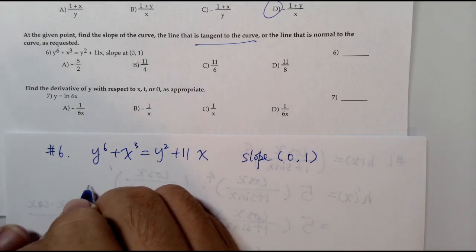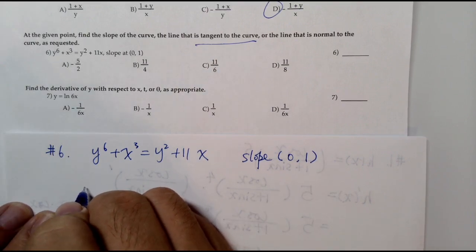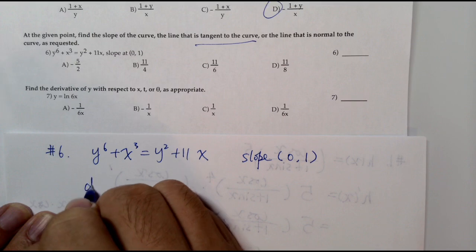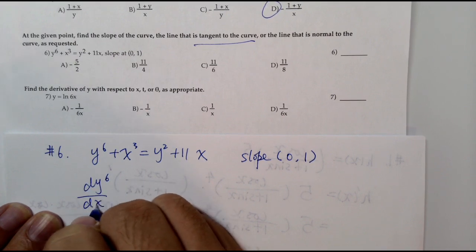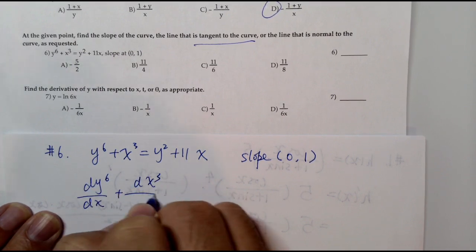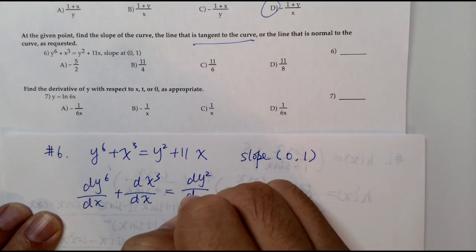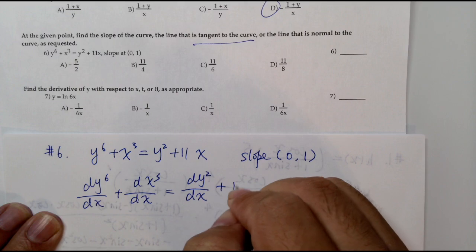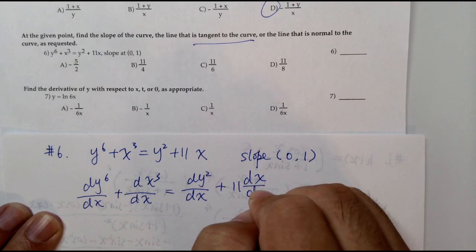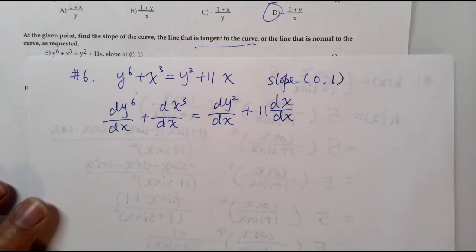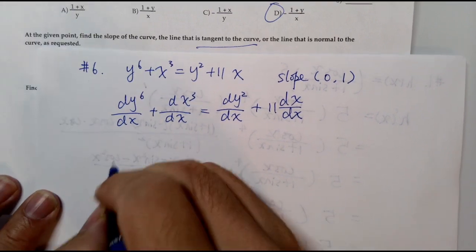So if I do that, I'm going to take the differentials, right? So d(y^6)/dx plus d(x^3)/dx equals d(y^2)/dx plus d(11x)/dx. And then we can simplify.